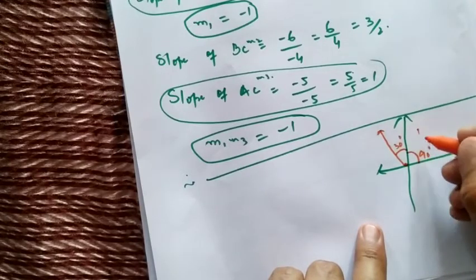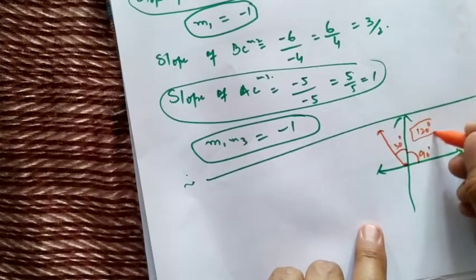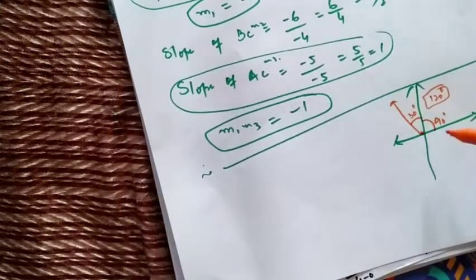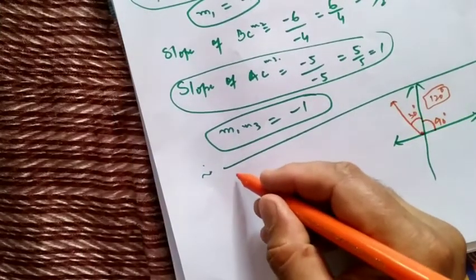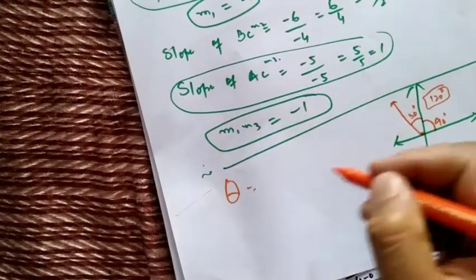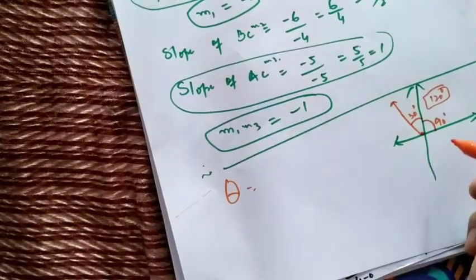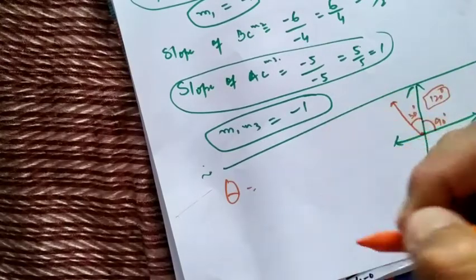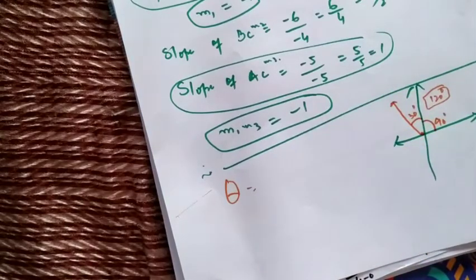120 degrees. So theta is here. It is not only 30 degrees but theta, the angle which the line makes with the x axis in the positive direction.